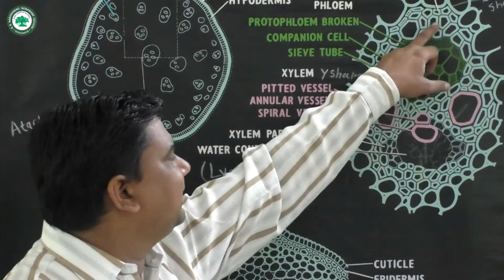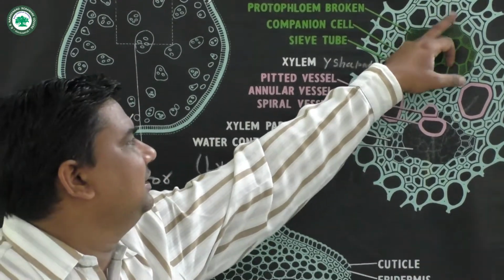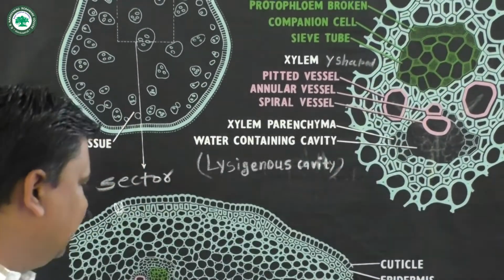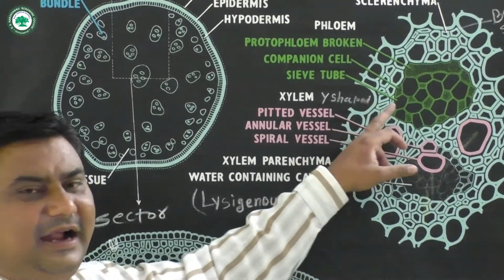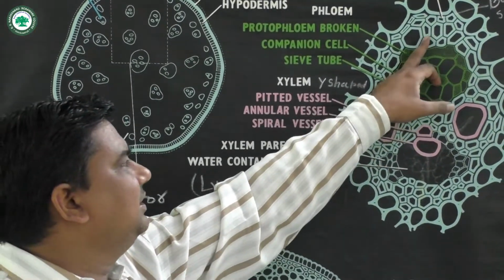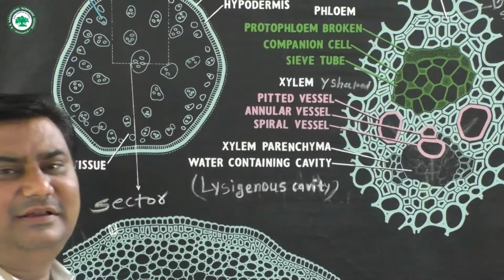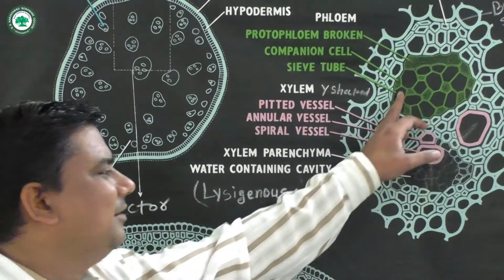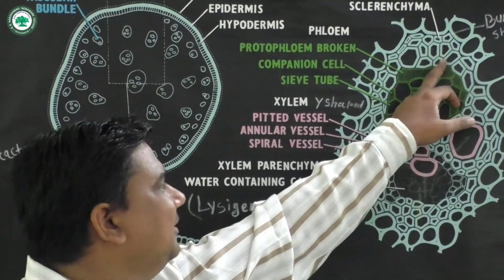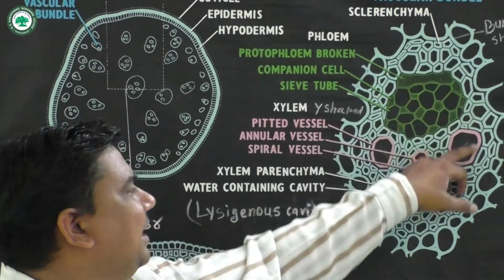These are the sclerenchyma. Likewise, here there are sclerenchymatous cells, and that's why the bundle sheath, or the cover or cap of the vascular bundle, is made up of the bundle sheath. It is made up of parenchymatous cells.